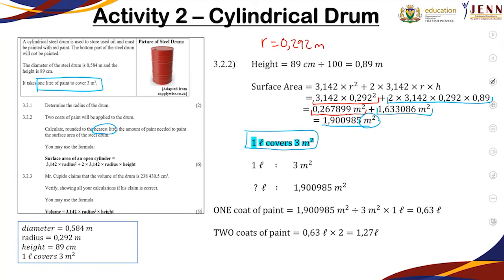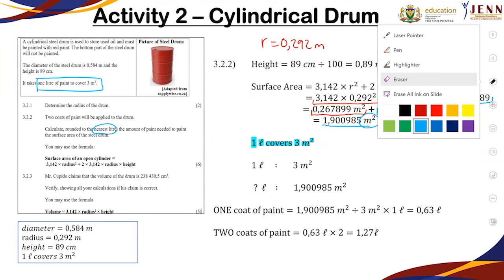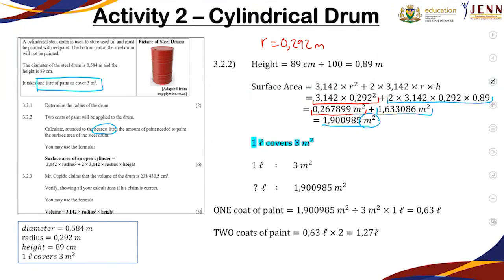I can say 1 liter, then covers, I put my ratio sign, and then 3 meter squared. So I went from making it a sentence to now it's only numbers. So let's continue. Now I've got 1 liter to 3 square meters.